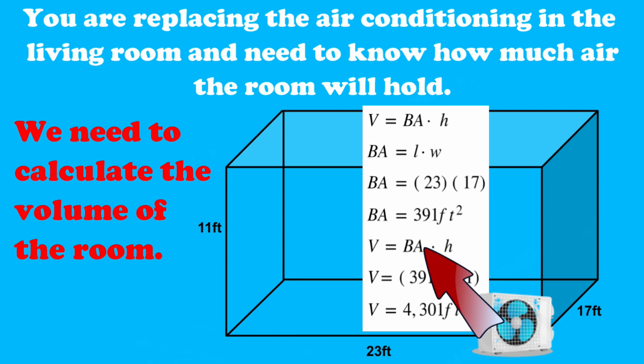Then take the 391 square feet, multiply it by the height of the prism, and we get 4,301 cubic feet.